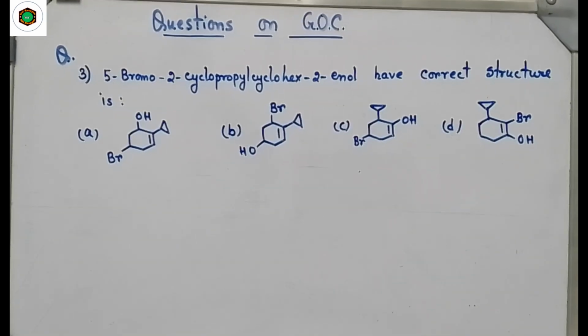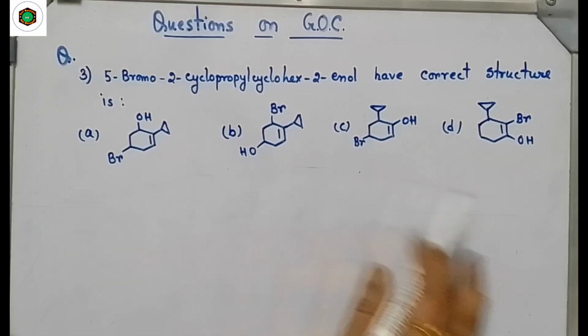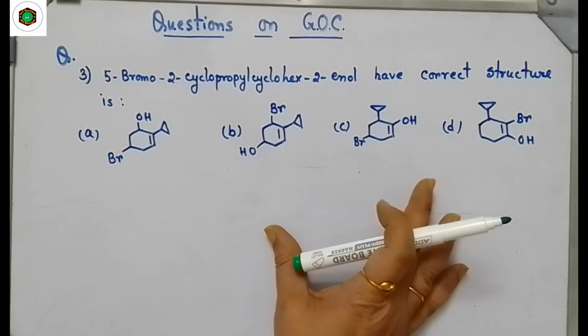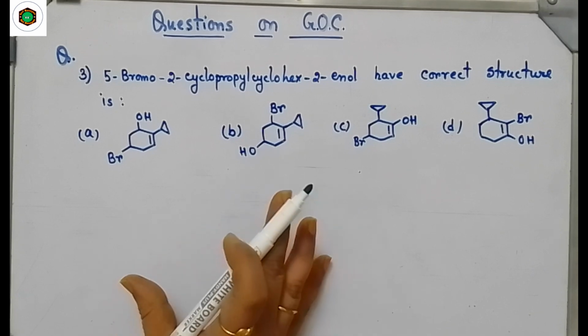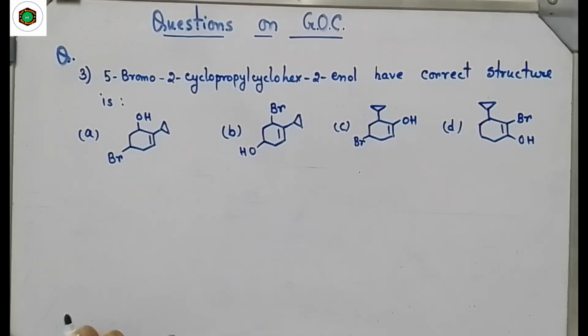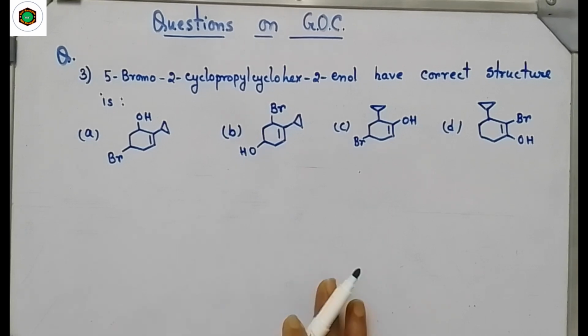Next question. Which is the correct structure of 5-bromo-2-cyclopropylcyclohex-2-enol? 4 structures are given. Now see, in this compound you can see 2 substituents are there. One is this cyclopropyl, another is bromo. And 2 functional groups are there, OH and alkene.